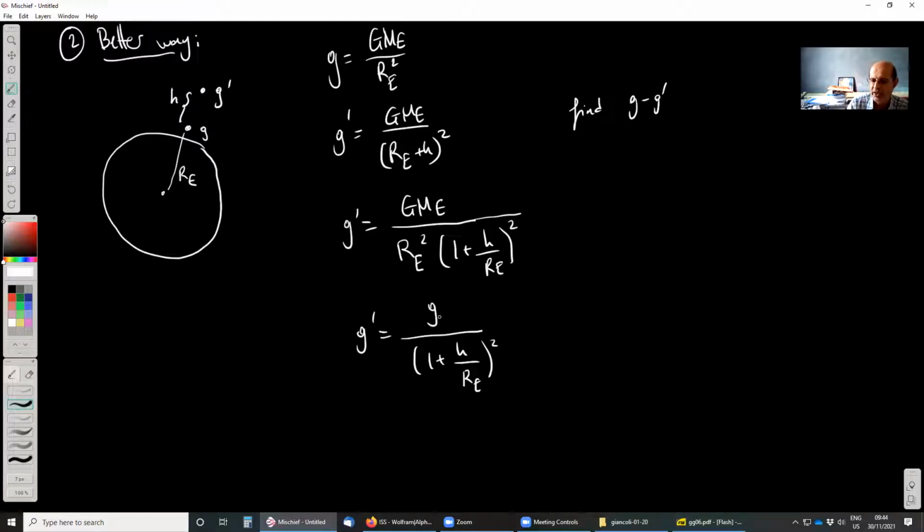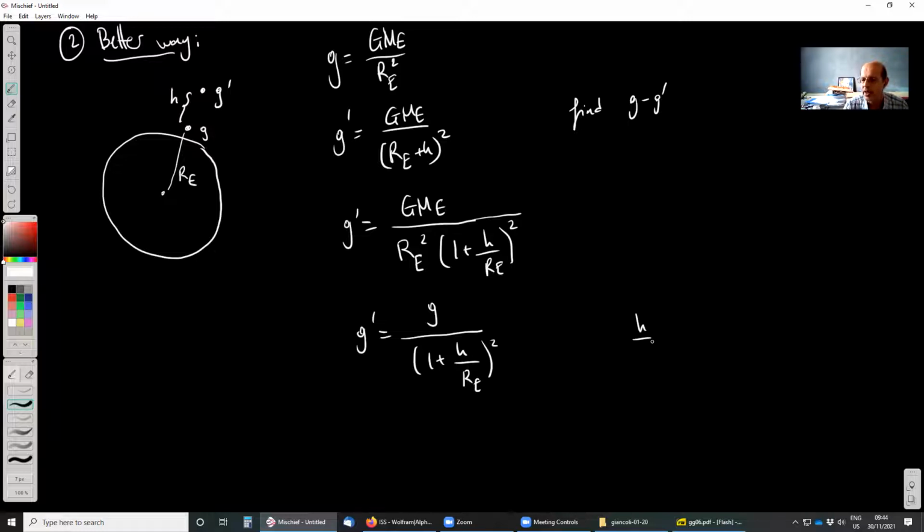That's one simplification in here, because I would like to find a difference between g prime and g. And I finally have an expression where I only have this small dimensionless quantity in here.